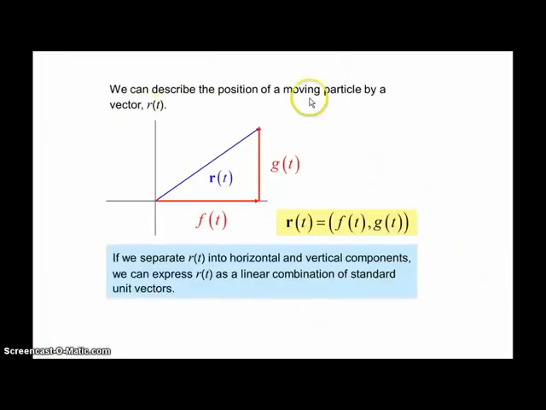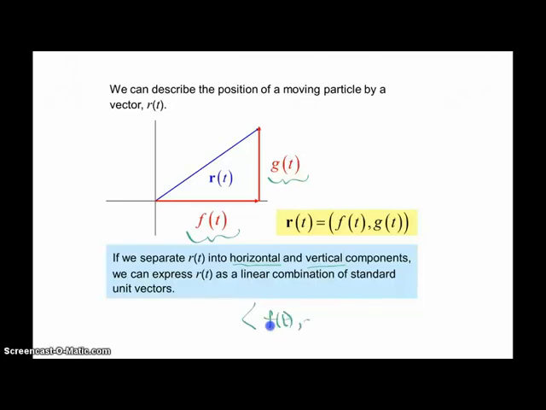So this is why our vector work is going to follow our parametric work very closely, because we have a horizontal component, which usually can be given as some function in t, and a vertical component, which can be given as another function in t, and that combination will give us a vector.